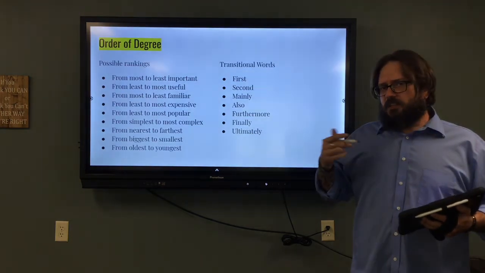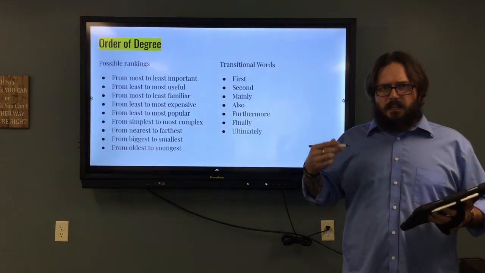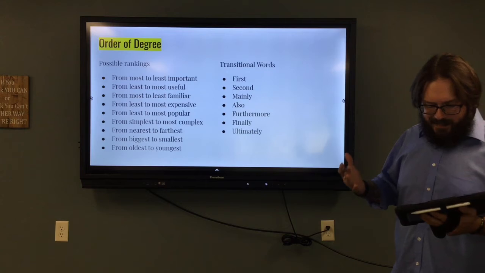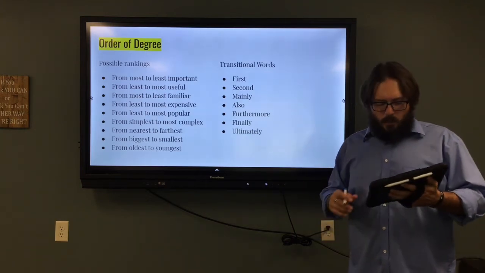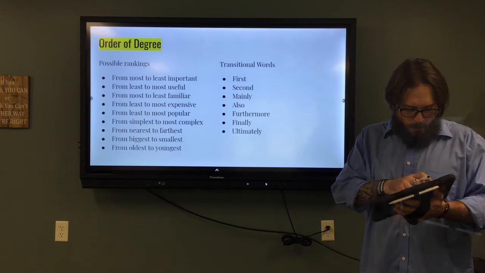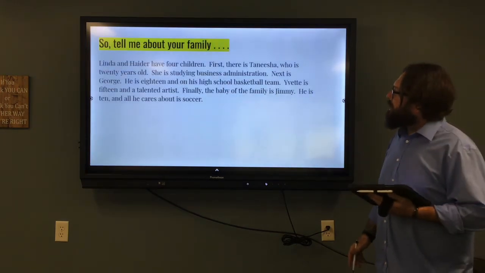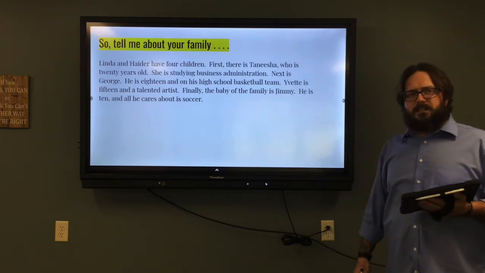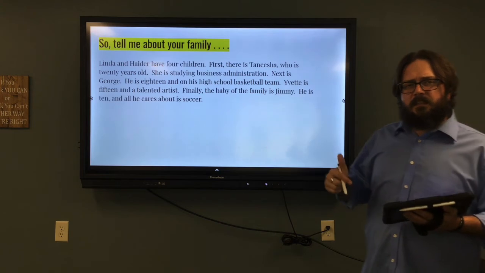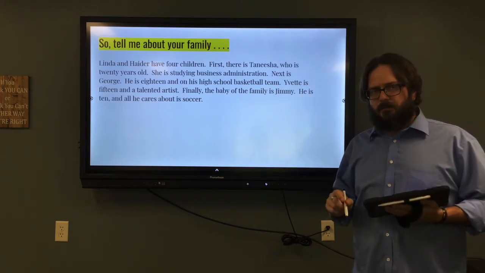Some common transitional words that we will see that clue us in that this is an order of degree type of sequence would be first, second, mainly, also, furthermore, finally, and ultimately. So let's look at a passage and try to identify some of the transition words that clue us in that this is an order of degree type of sequencing.